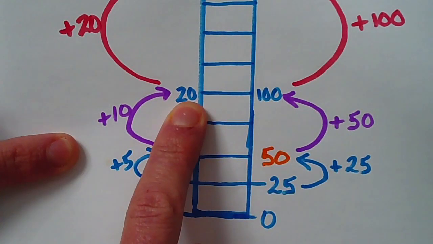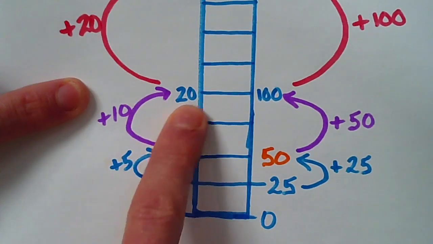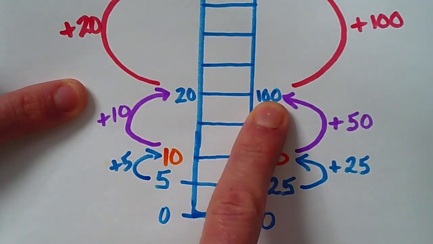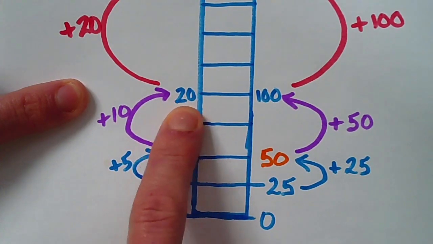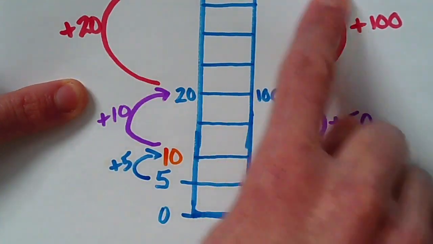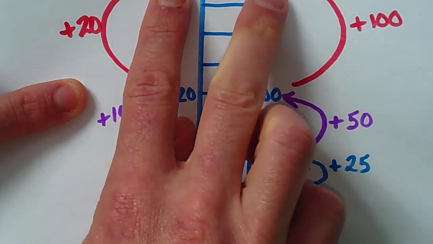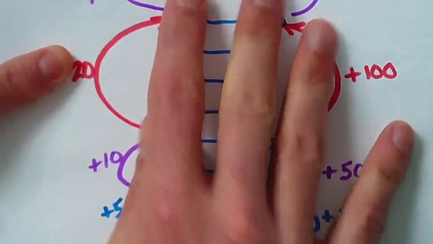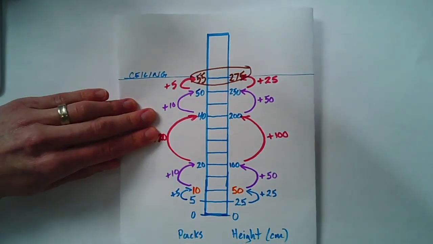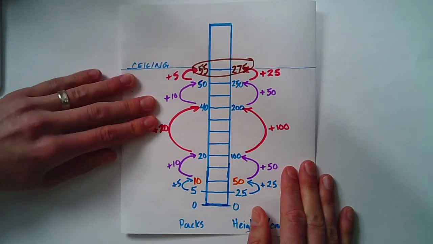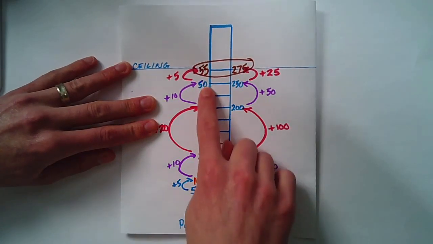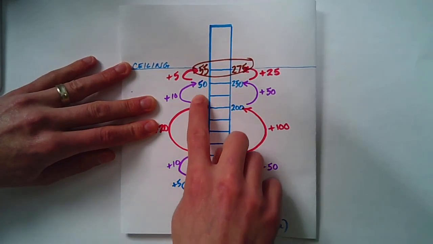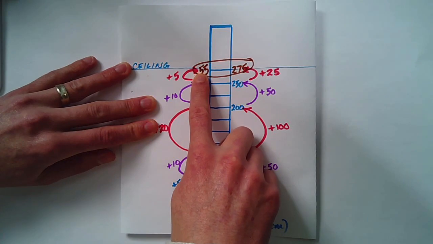And they're noticing this pattern. Well, wait a second, if I have 20 packs is 100 centimeters, maybe I could add another 20 packs, add another 100 centimeters, and then we get closer to the height of the ceiling in packages, which is about 55 packages there.